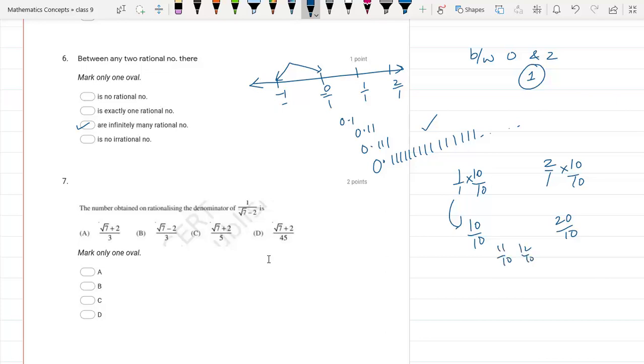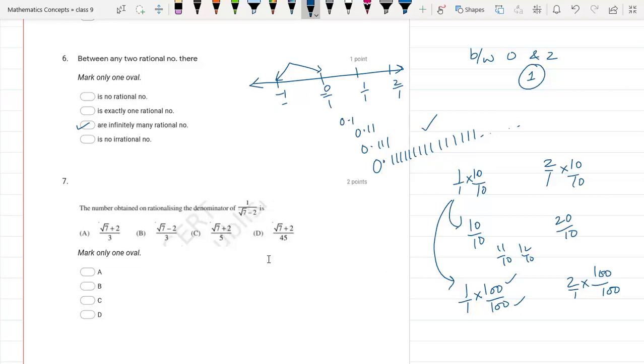So there are these 9 numbers between these two. Similarly, if I want to increase the range, what I can do is I can multiply with 100. Then we will have around 90 numbers between them. So this will keep on increasing. So the higher the number multiply, the higher will be the gap between these two numbers. So we can say there are infinite numbers of rational numbers between them.